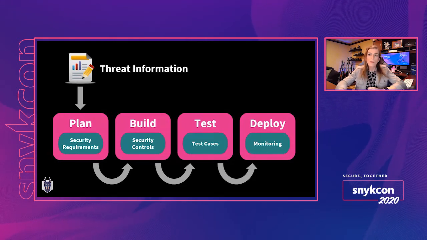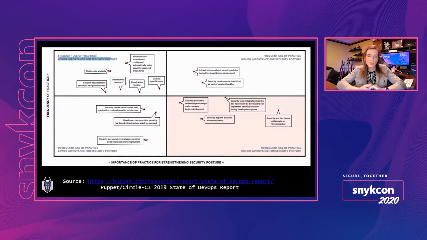Now, why is threat modeling so important? Puppet and CircleCI in their State of DevOps report looked at different security practices and plotted them out as you see here. On the y-axis, we've got the frequency of how often those practices occur within a delivery pipeline.